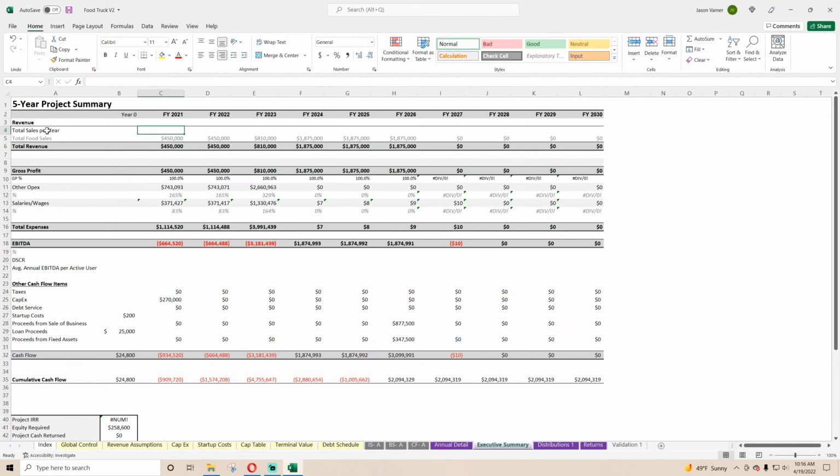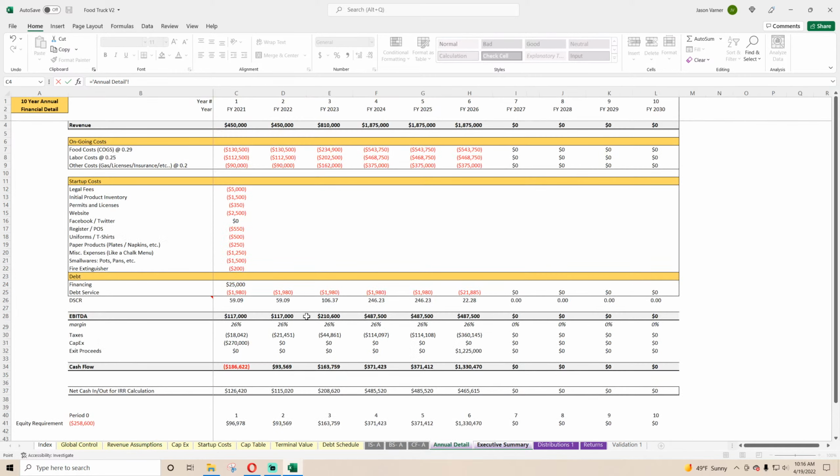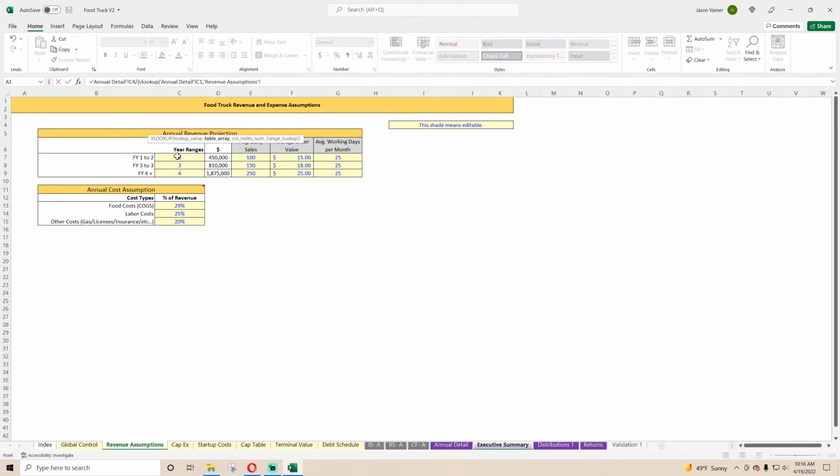And that's going to equal total revenue divided by VLOOKUP year range.